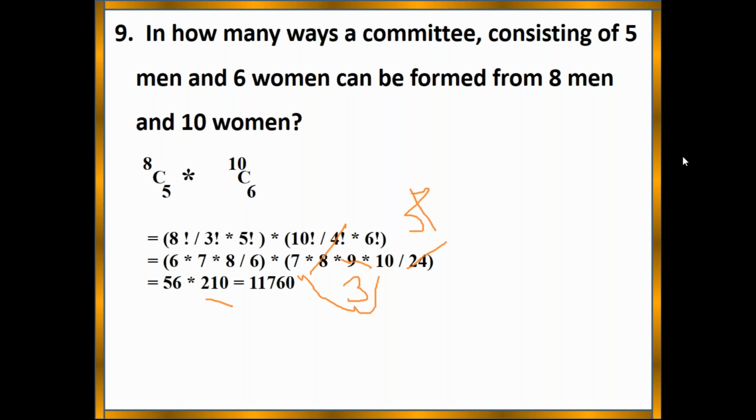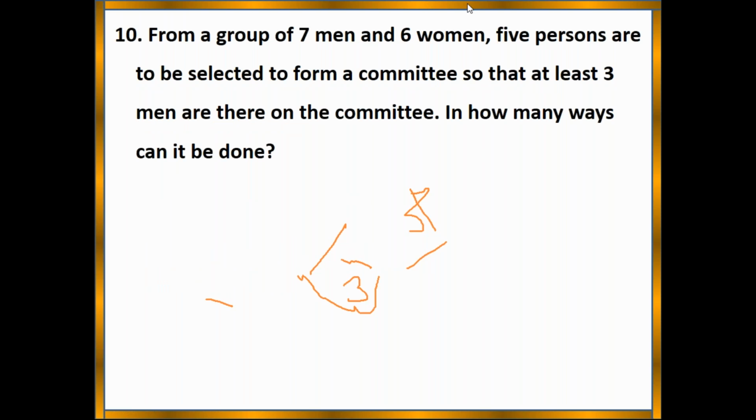Next one. From a group of 7 men and 6 women, total initially 7 men and 6 women are there. Out of that, 5 persons are to be selected.